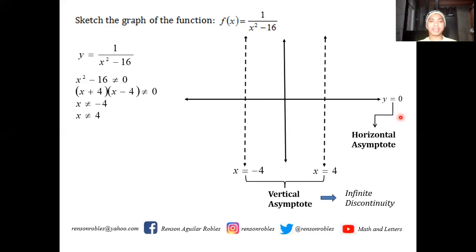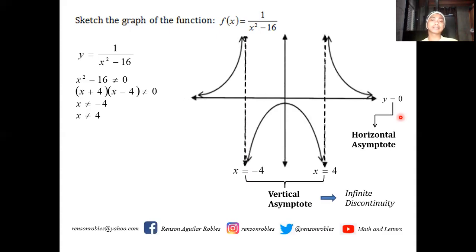Okay, and then we might trace the curve. Okay, and the domain of this function is the set of real numbers except plus or minus 4. And then the range is the open and closed interval -infinity to -1 over 16 union the open interval 0 to positive infinity. And that is confirmed by the graph, since there are parts of the graph traced on the negative y axis.